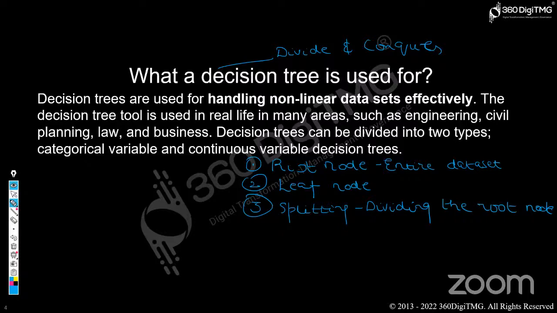Whether a person is salaried, or whether a sports person is fit or unfit. If he's fit, what is the age? If the age is this, then how many matches has he played in this season? And based on that, you are going to predict whether that particular player is going to win or not.